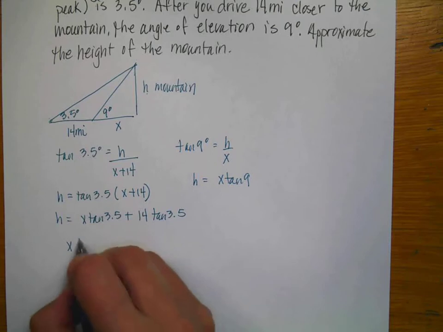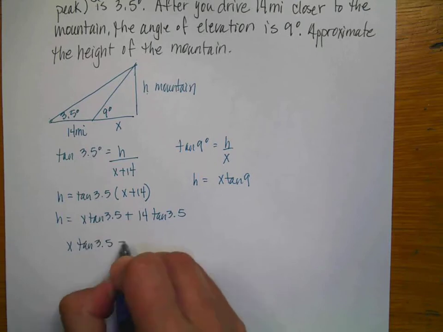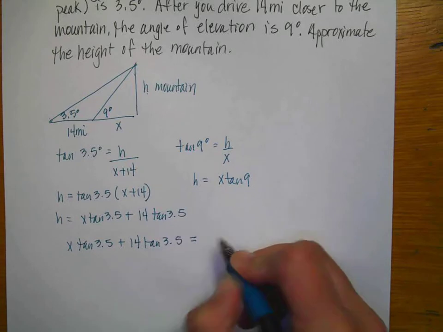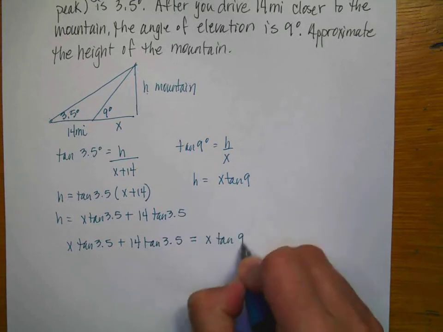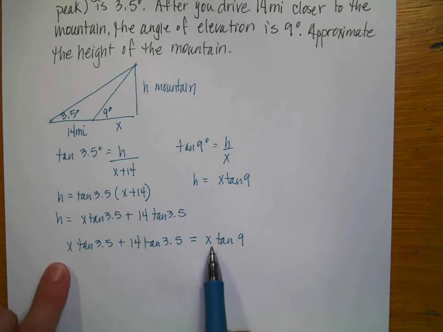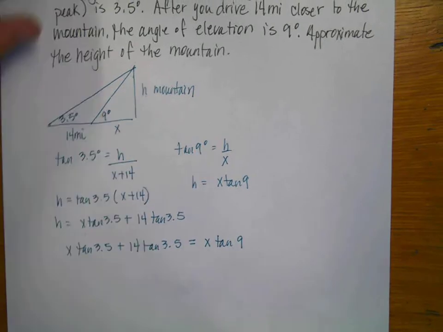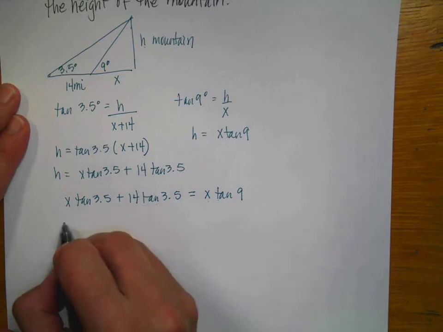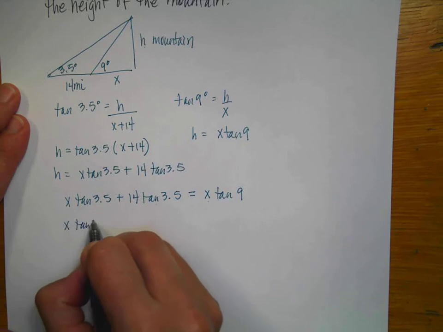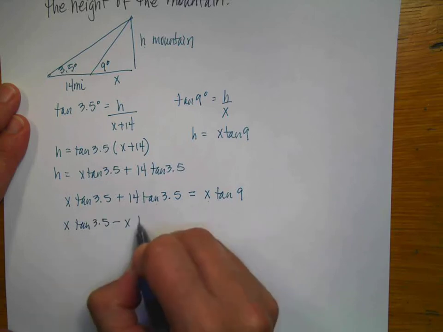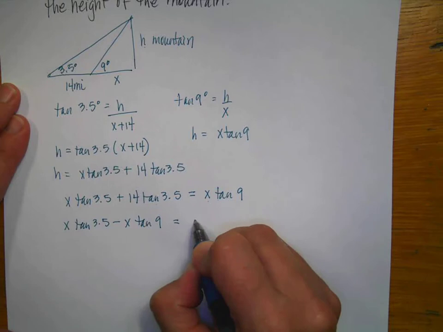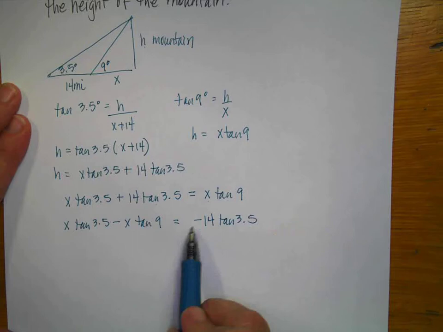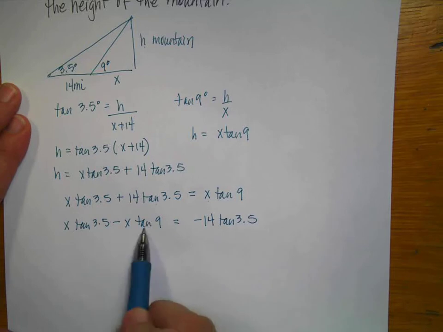Now I'm going to set my two h's equal to each other. So I'm going to get x tangent 3.5 plus 14 tangent 3.5 is equal to x tangent 9. Again, I need to have all of my x's on the same side of the equation, so I'm going to subtract this guy, move this guy. So I get x tangent 3.5 minus x tangent 9 is equal to a negative 14 tangent 3.5.